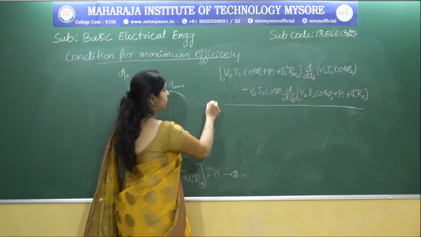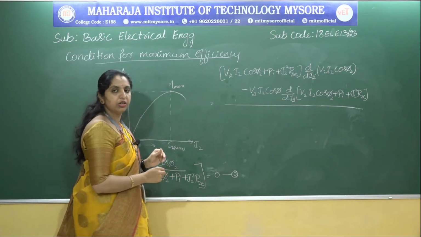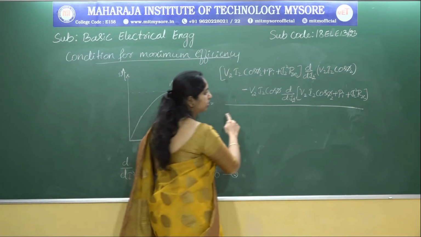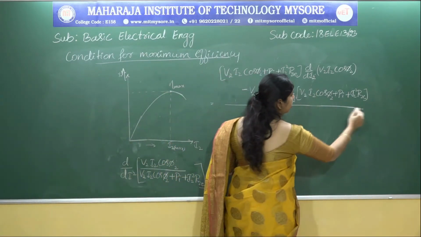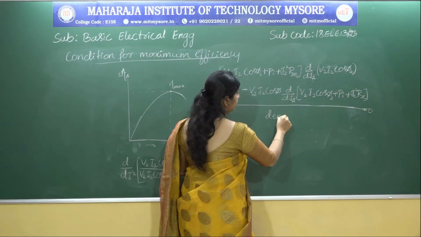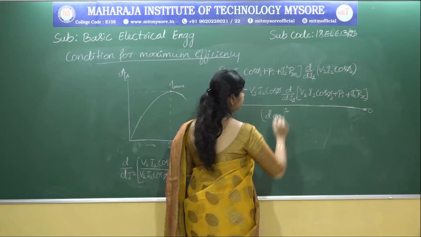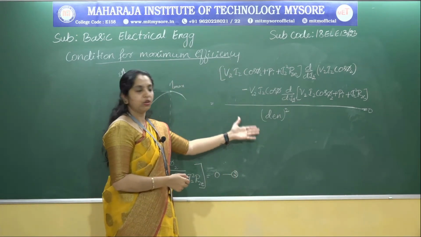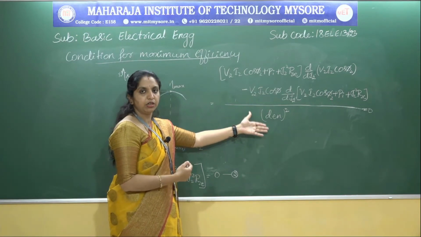Divided by the denominator, which is v square. Since we are equating the whole equation to 0, I am just writing this part as the denominator square, because we are not going to simplify the denominator part.